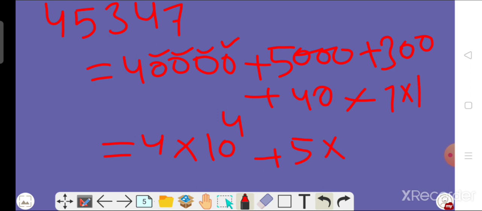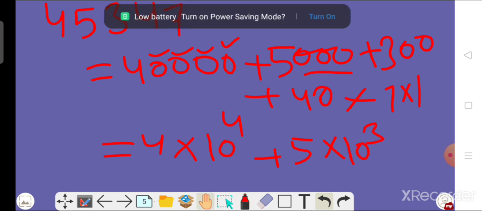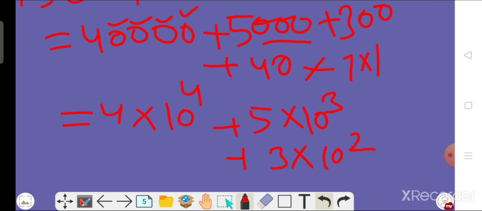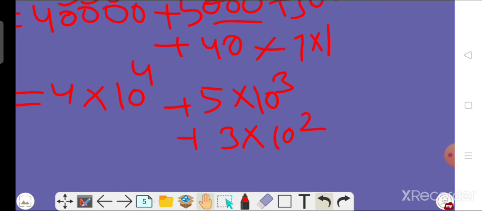In the same case here we have 30, so 10 raised to the power 3 will come, and here we have 20, so 10 raised to the power 2 comes, and now we have 10, so 10 raised to the power 1 will come, and after that we do not have any 0 after the given digit, so we have to put 0 as exponent.